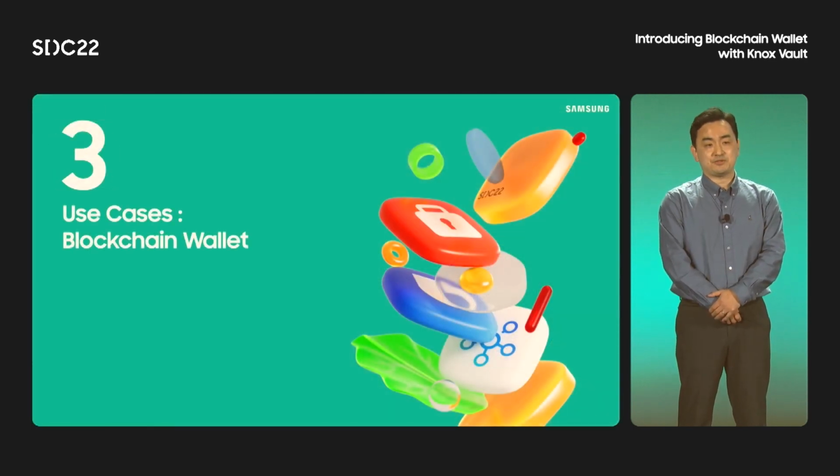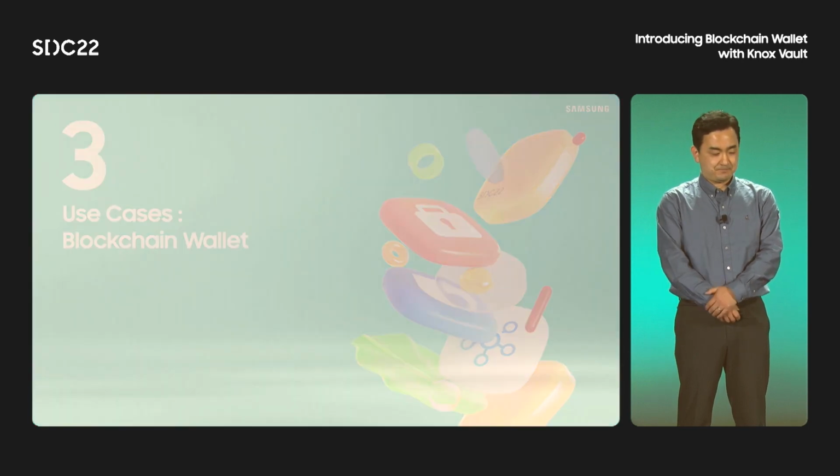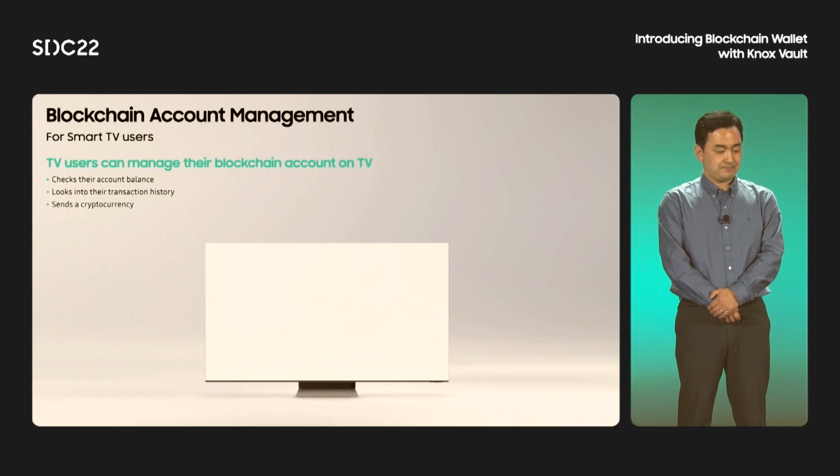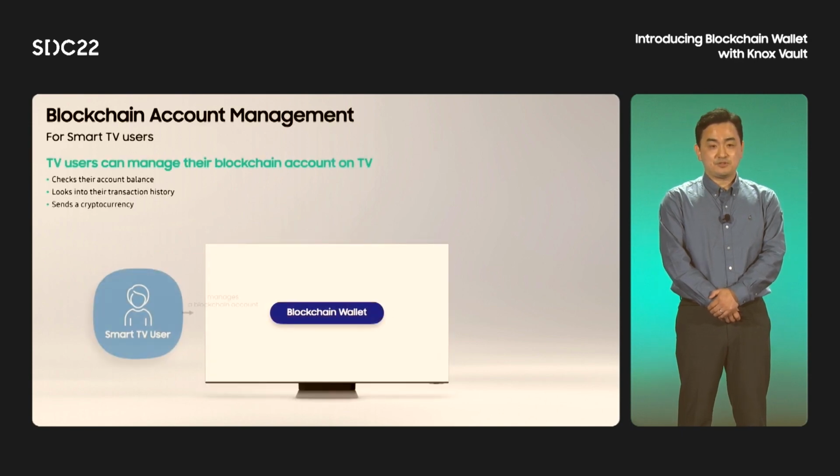Okay, as I wrap up this talk, I will present two use cases for Smart TV users and DApp developers, respectively. The first use case is for Smart TV users.